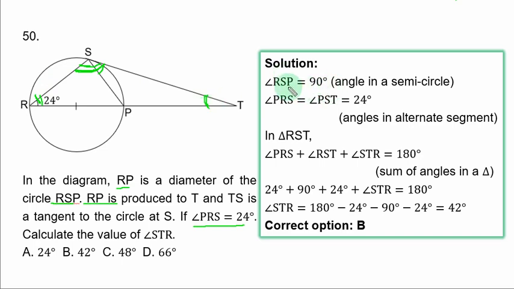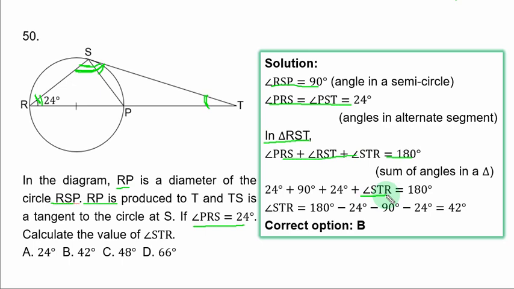All right, so angle RSP is 90 degrees, angle in a semicircle, because PR is a diameter. Angle PRS is equal to angle PST, that is 24 degrees, angles in alternate segment. In triangle RST, if you add the 3 angles, the sum is 180. We are looking for angle STR.